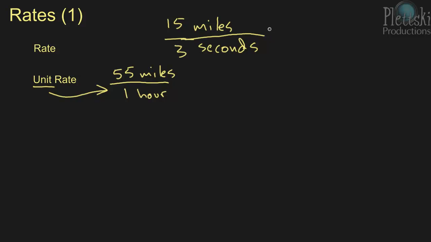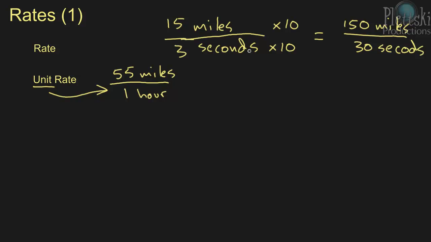If we were to multiply the numerator and the denominator by 10, we would get 150 miles for every 30 seconds. And that would be equivalent. They could both be simplified to the same fraction.